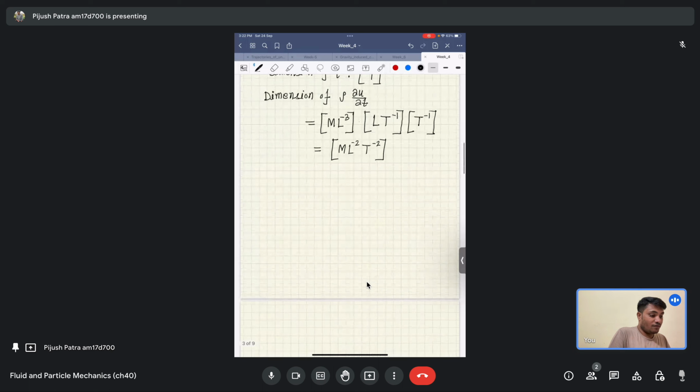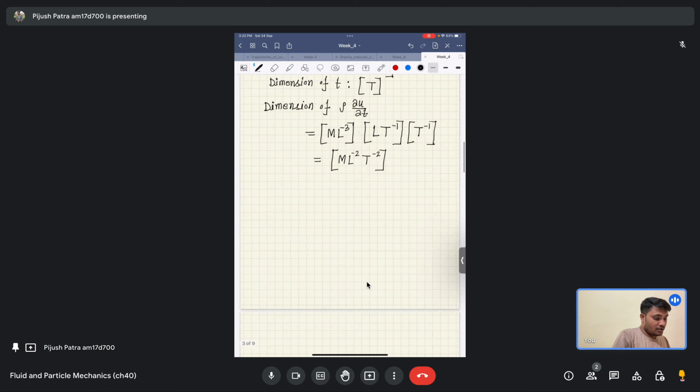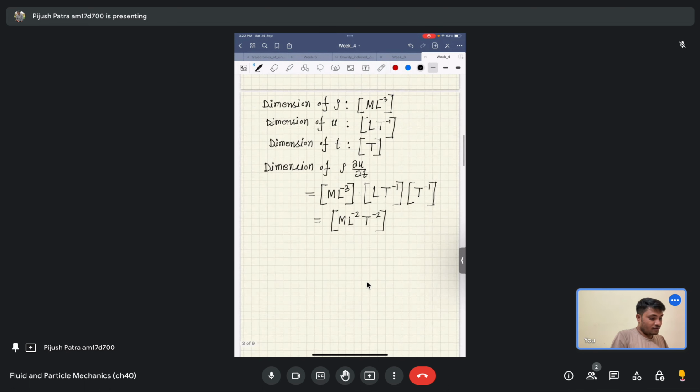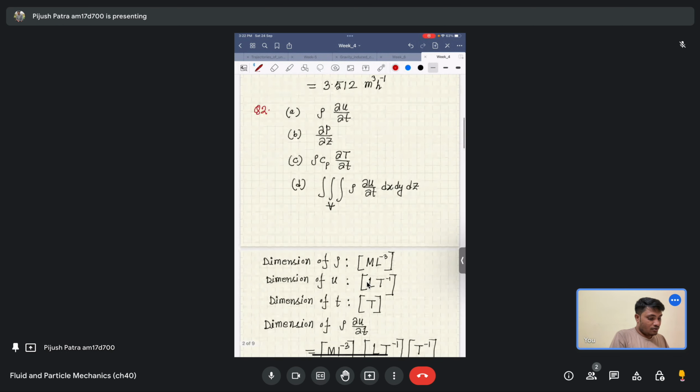There should not be any confusion about it. What is the second quantity? The second quantity is dou p dou z. So this is the dimension of A.